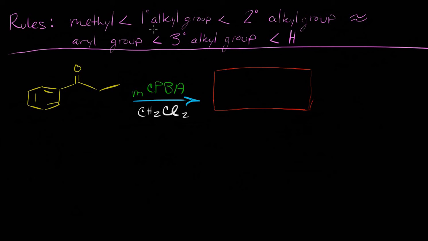And so we see up here in our rule, there's our primary group, and it is pretty low on the rule chart I've written up here. And then going forward down, we see an aryl group has a higher priority to migrate than a primary alkyl group will.